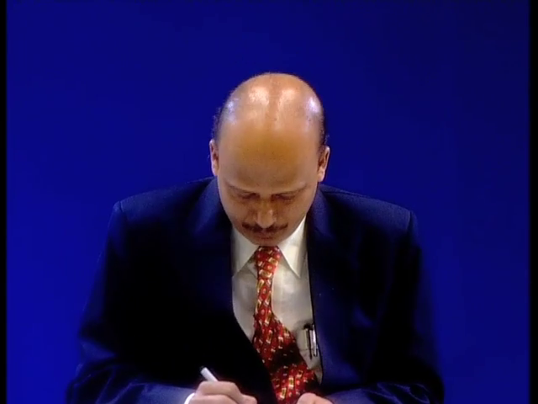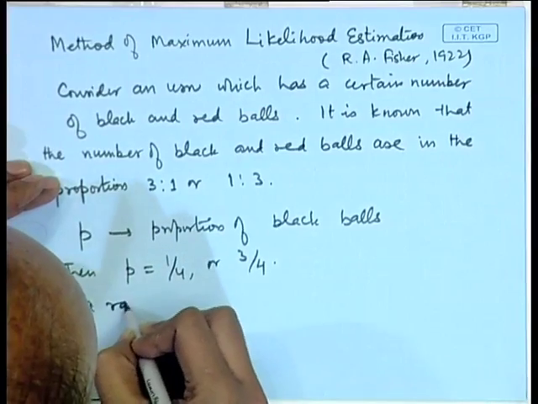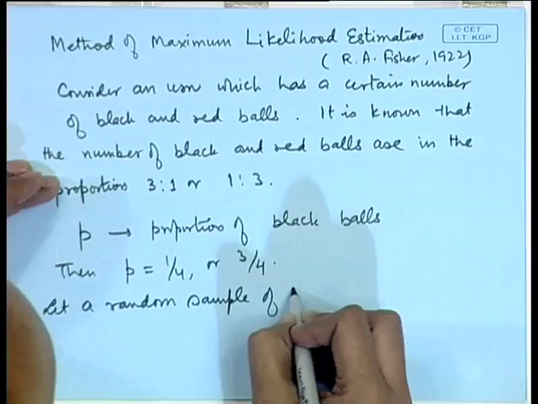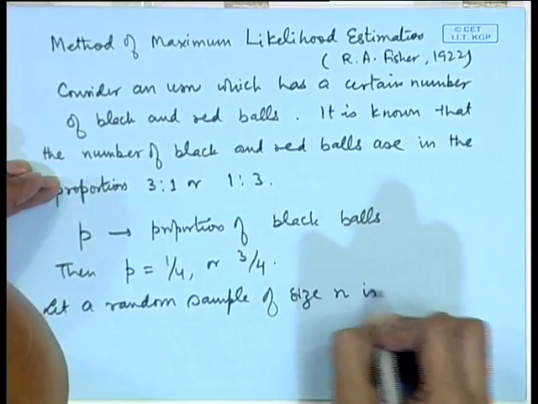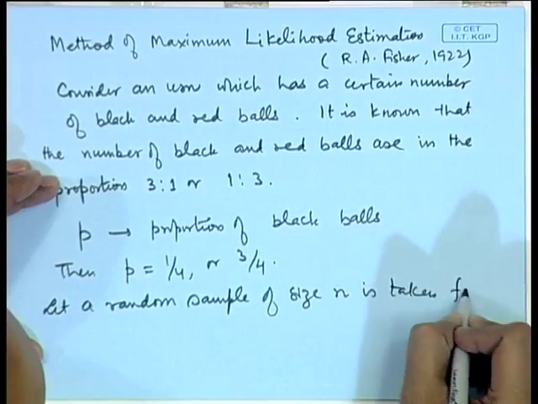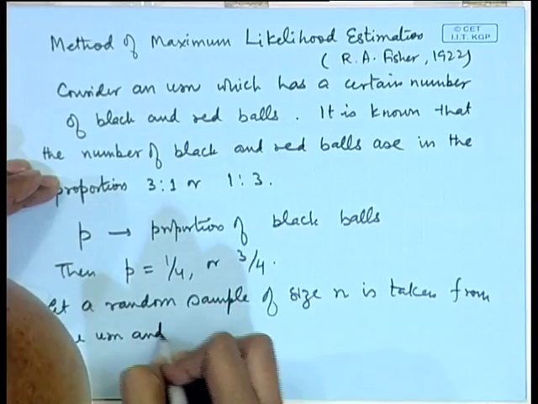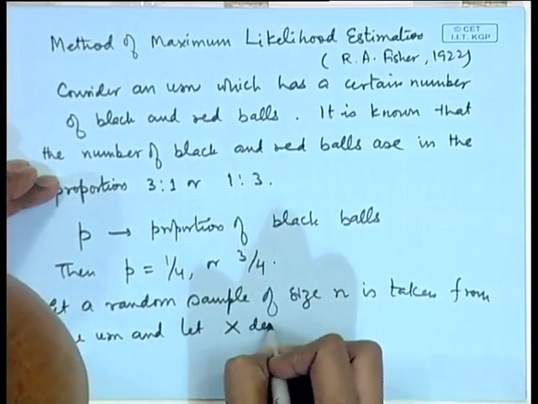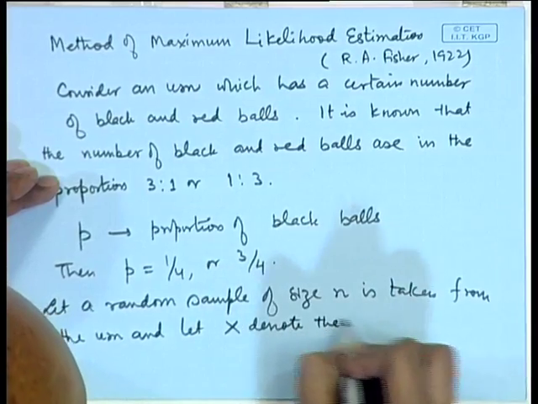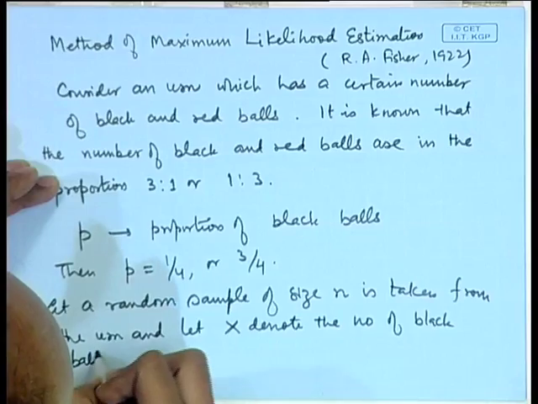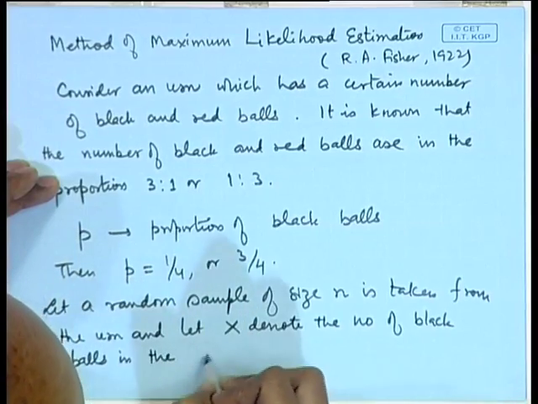What can we do? We can take a random sample from the urn. So, let a random sample of size, say, n be taken from the urn, and let x denote the number of black balls in the sample.